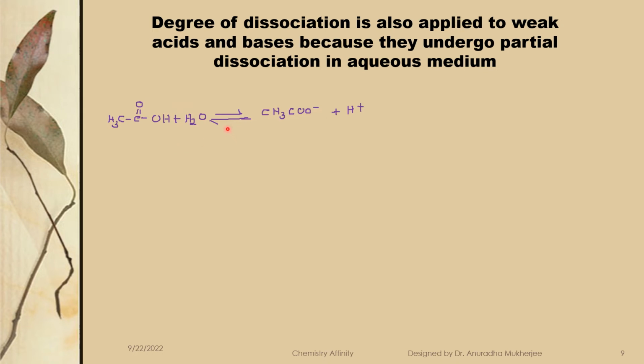Acetic acid partially dissociates in water and gives acetate ions and H plus ions. So the equilibrium constant of this particular reaction is the concentration of products divided by the concentration of reactants.